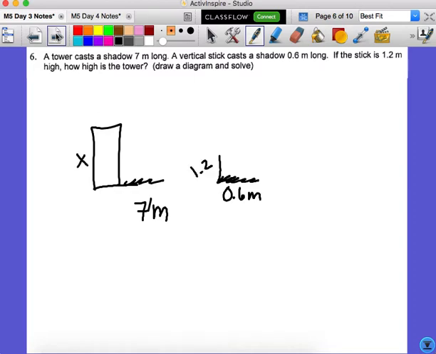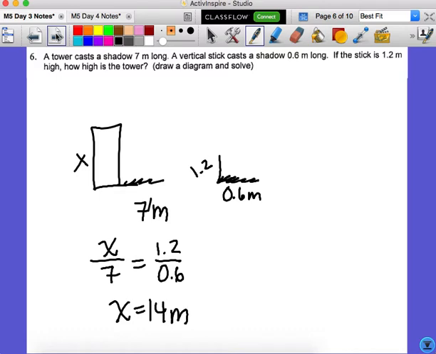And I'm looking for how high is the tower. So I might say x over 7, height over shadow, equals height over shadow. So 7 times 1.2 divided by 0.6 gives me 14 meters for the height.